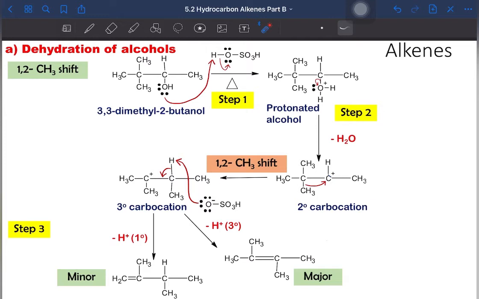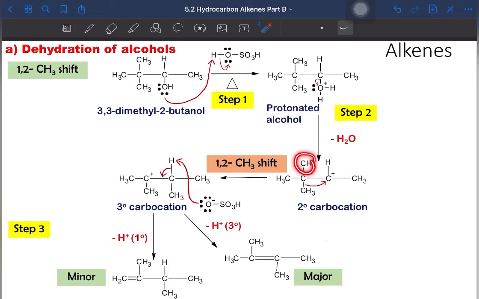Now, right before we move into step 3, this is where the rearrangement occurs. Here, we want to form the more stable tertiary carbocation. So from the secondary, we want to form a tertiary carbocation. We have the methyl group at the neighboring carbon of the carbocation.